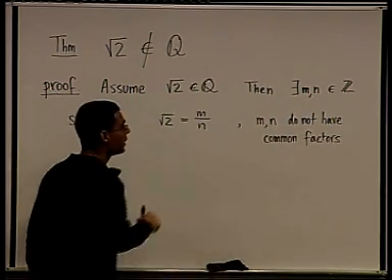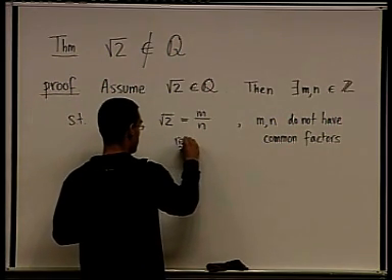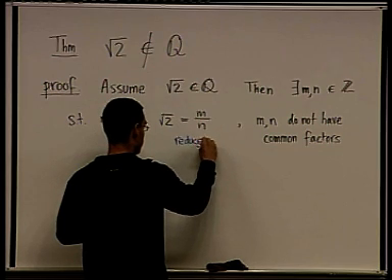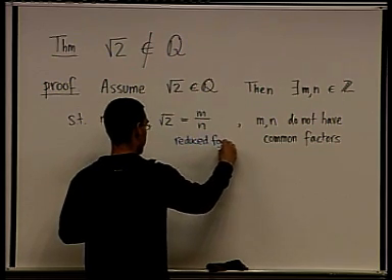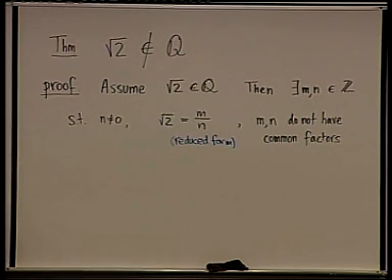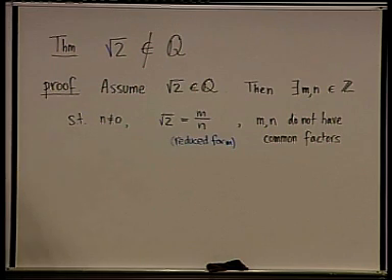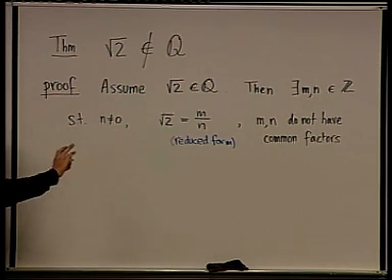Okay, so this is reduced. Let's write that. Reduced. Okay? Okay. Now let's start doing logical steps and see where we get the contradiction.